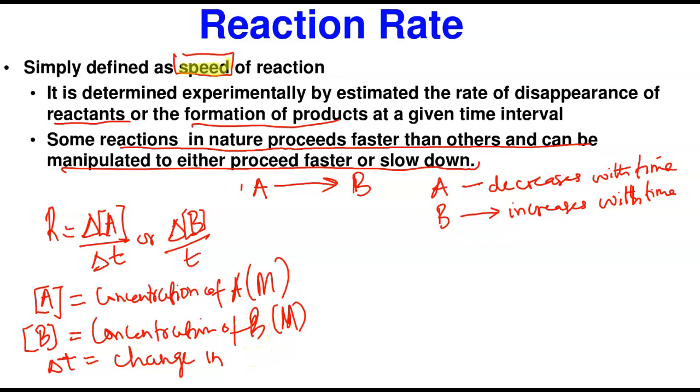Just change, and T is time, because as time passes, this takes place. So at any point in time, you can measure the rate of disappearance of the reactant or the rate of formation of the product, and we're going to determine R, which represents the rate of this chemical reaction actually occurring.